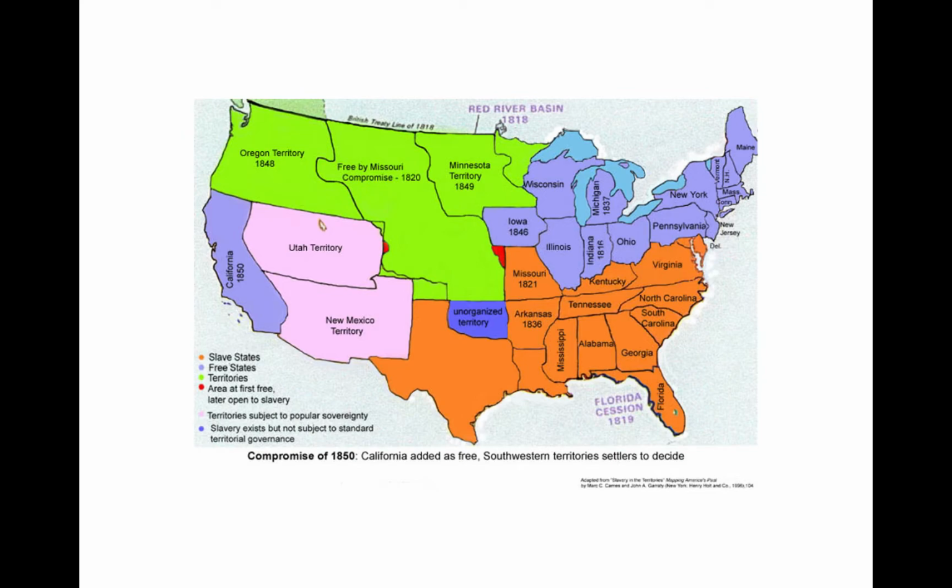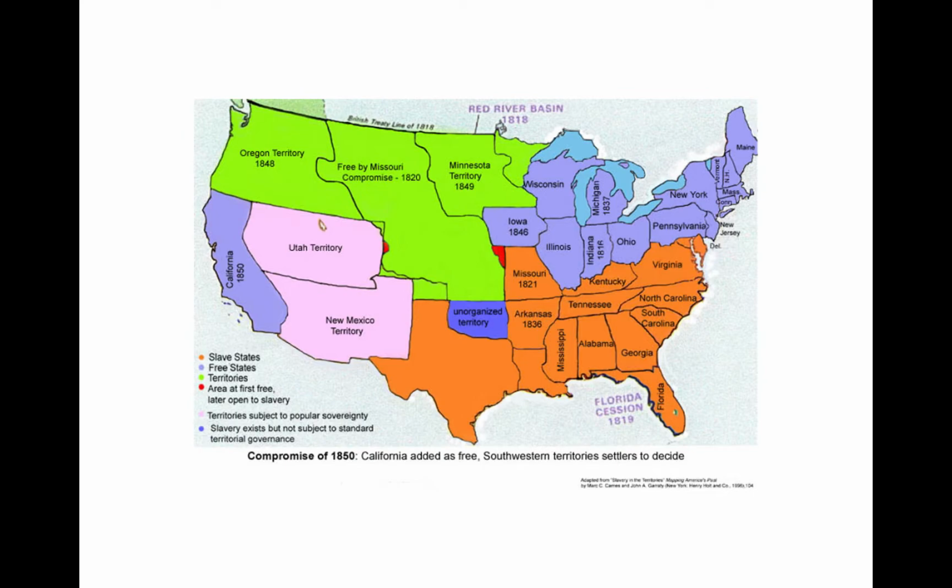The only part of the compromise that favored the slave owners was the Fugitive Slave Act. But all the Fugitive Slave Act did was repeat something that was already in the U.S. Constitution. The U.S. Constitution said that if a slave escapes to a free state, that free state has to send the slave back to his owner.